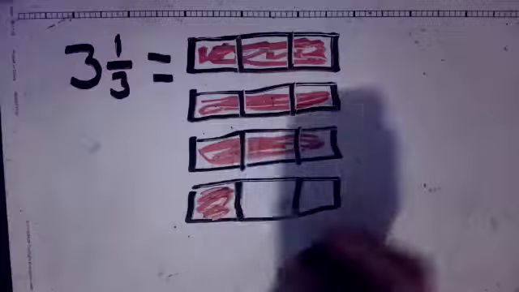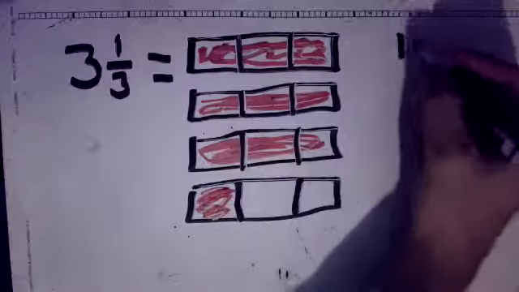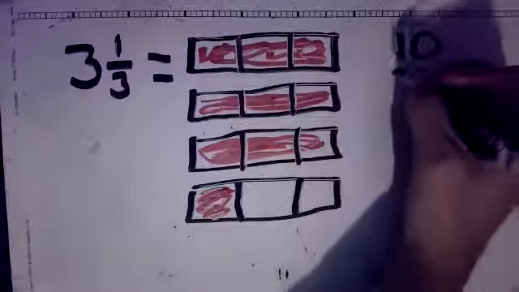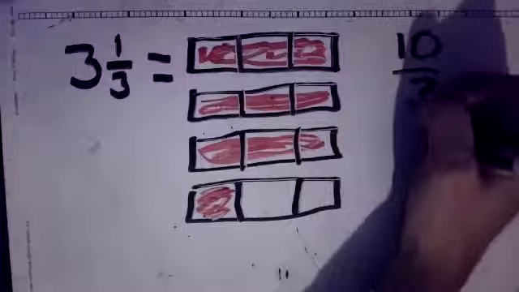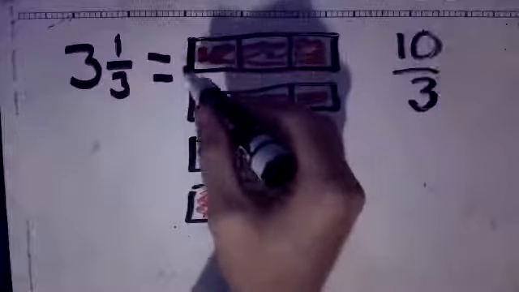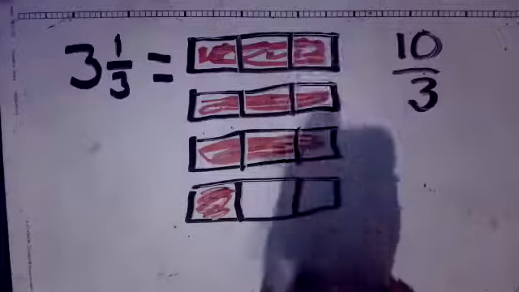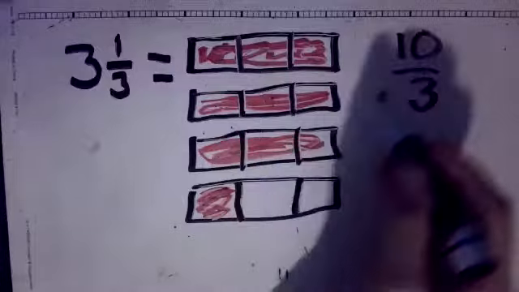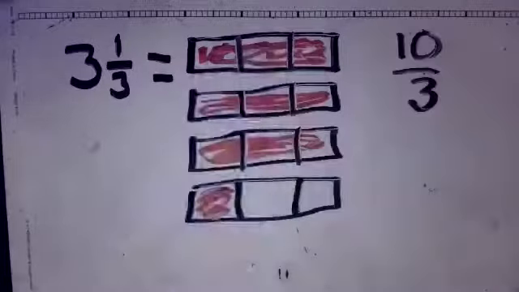I have 1, 2, 3, 4, 5, 6, 7, 8, 9, 10 thirds. I could also have looked at that and said, oh, this one's 3, this one's 3, this one's 3. 3 times 3 is 9, plus 1 is 10. 10 thirds.